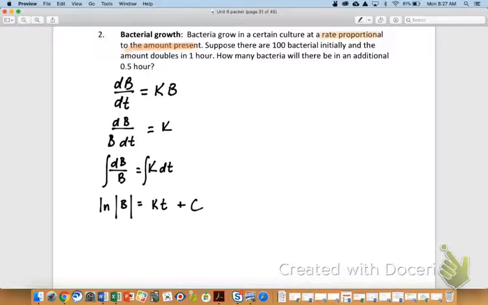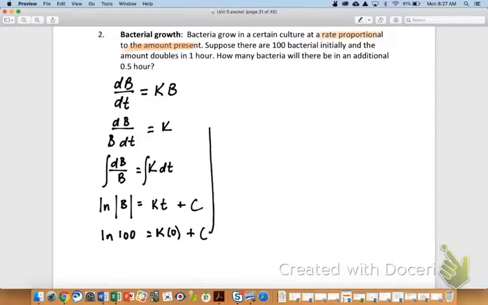And what does the word initially mean? That's what it was, t is 0, right at the beginning. T is 0. There are 100. So we know that there are 100 bacteria. So this would be ln of the absolute value of 100, which is 100, equals k times 0 plus c.